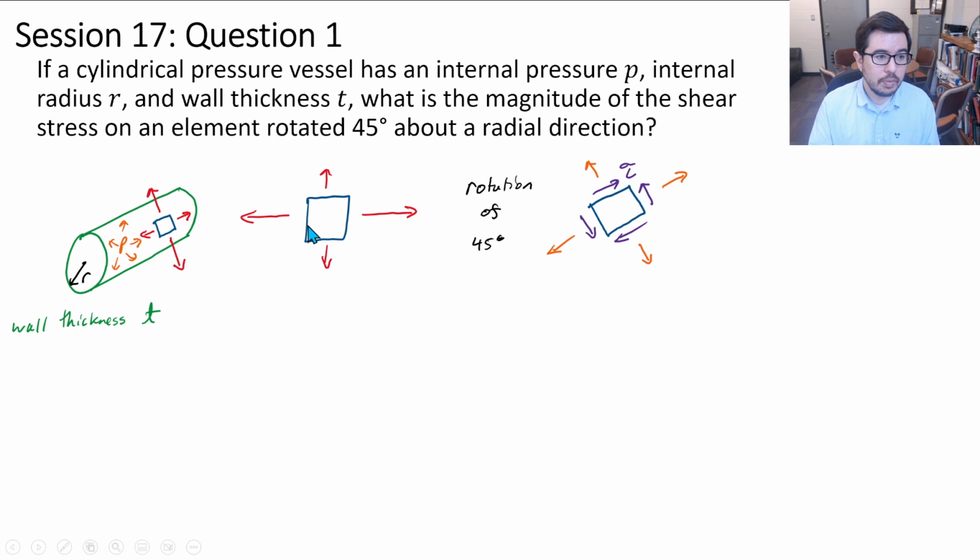And the question is, if I rotate this element 45 degrees, what is the magnitude now of the shear stress on this element? Okay, if we start with this state of stress and we've rotated it 45 degrees. Okay, so that's a problem for you all to work on.